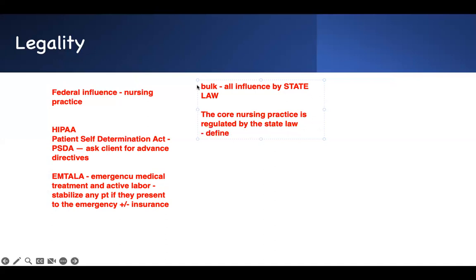So they define the parameters of nursing practice. They are the ones who define how far you can go, what you can do, and what you cannot do. How do they do that? They give authority to the state nursing board, basically.